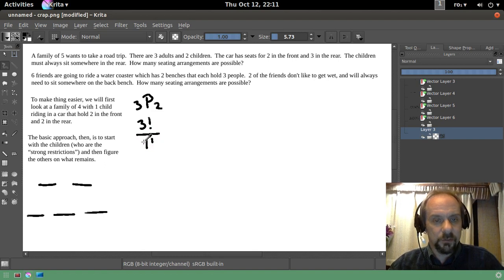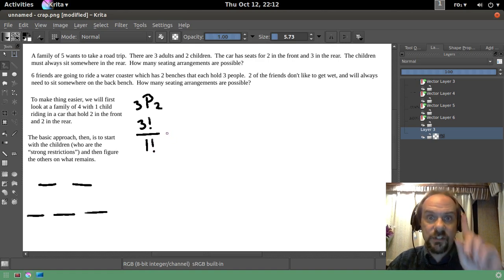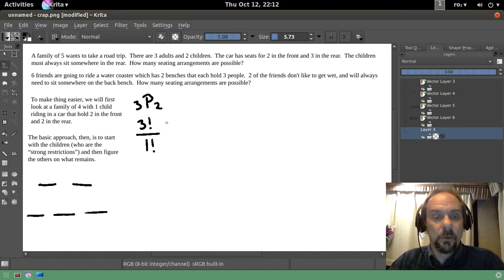Let me write that out for those of you who still aren't used to it. 3 minus 2 is 1, so that is 1 factorial, which is just 1, so we really are just left with 3 factorial for the children.